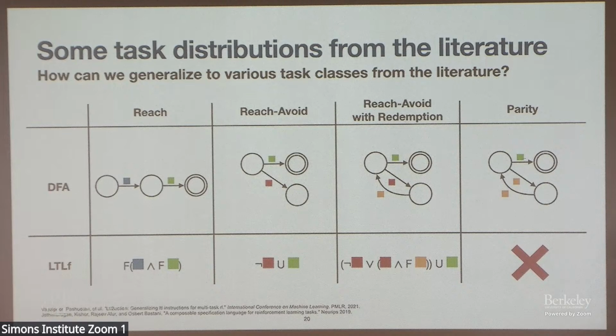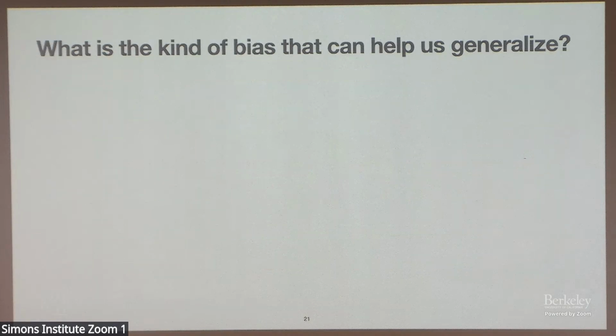We want to generalize these and potentially some more. So what is the kind of bias that can help us generalize here? And here I just want to remind you that we want to define a DFA distribution that will help us generalize for the downstream task, because we don't know what task distribution we'll see.